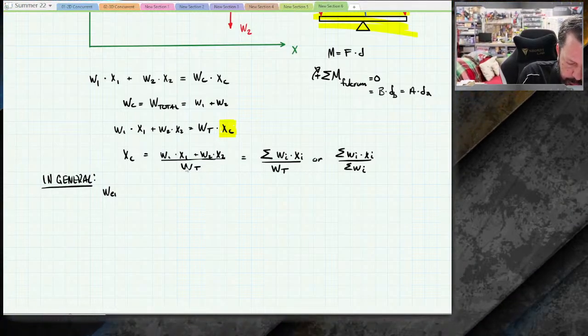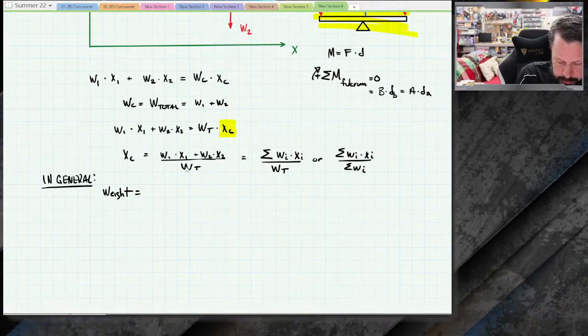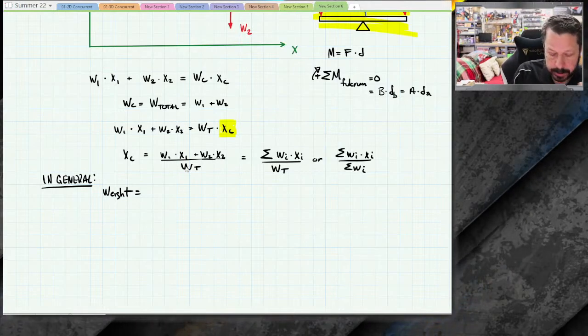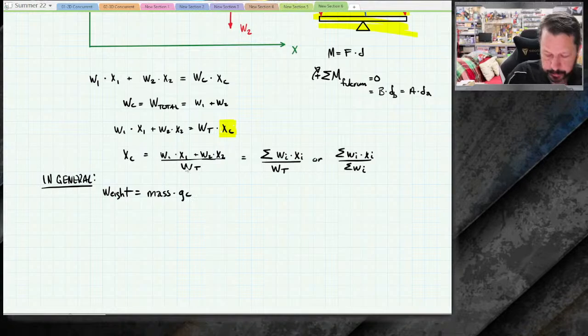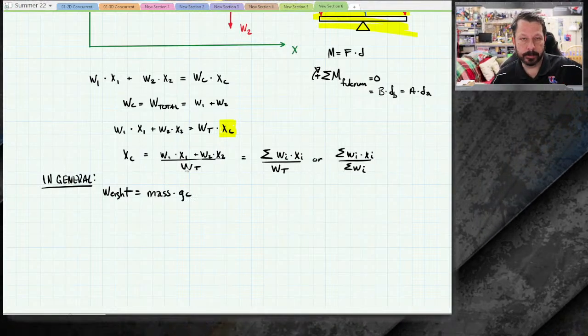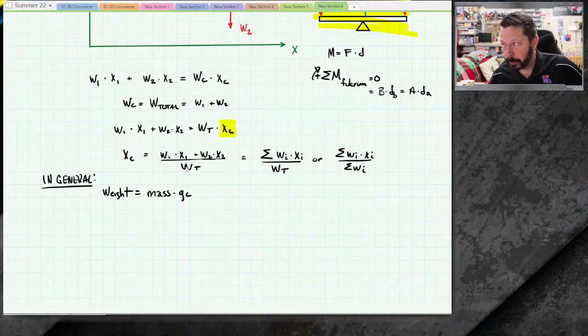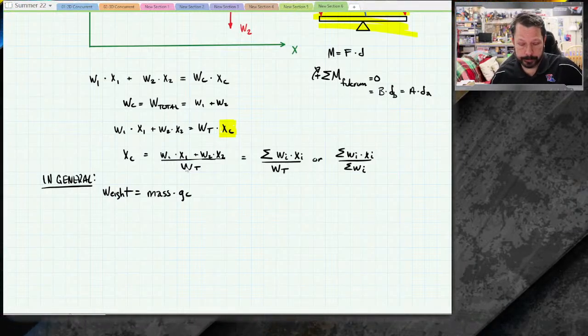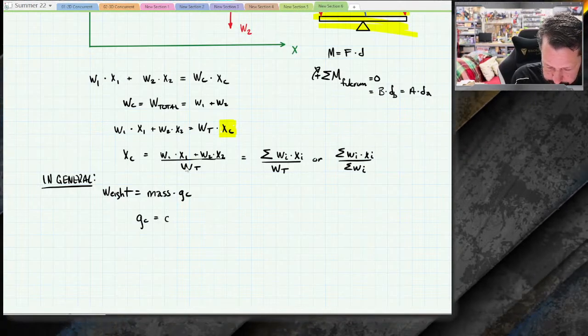So that we can make our equation a little bit simpler: weight equals mass times g sub c, right? So gravitational acceleration, g. For pretty much anything that we're going to deal with, g sub c is a constant.